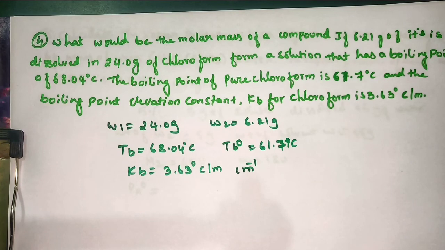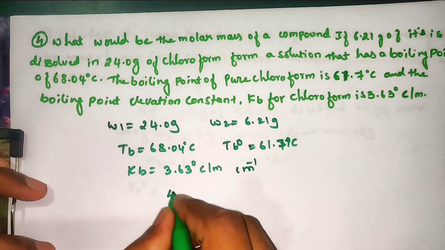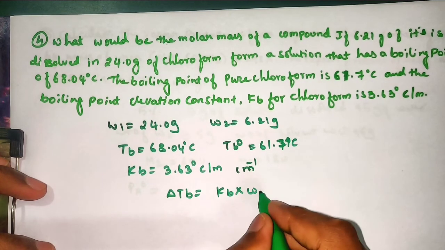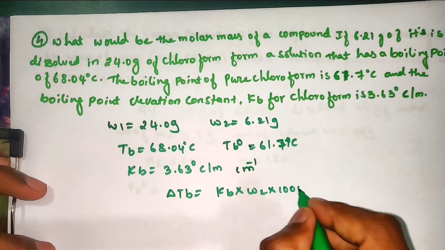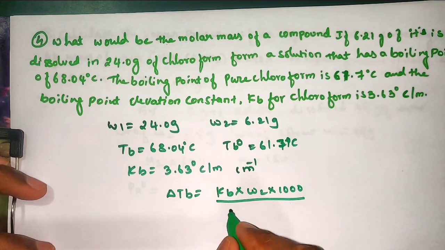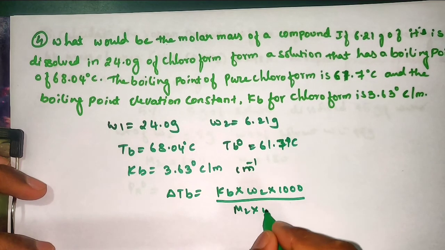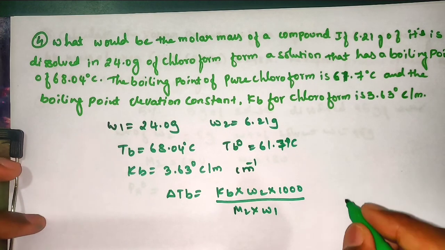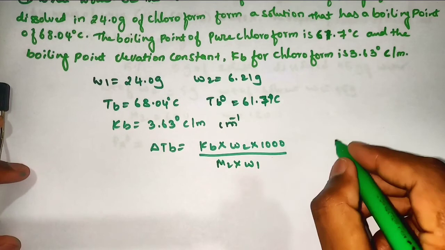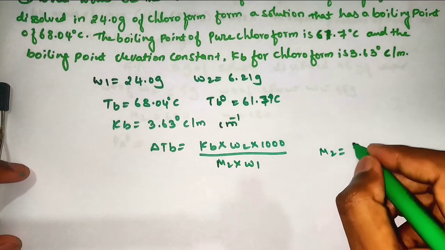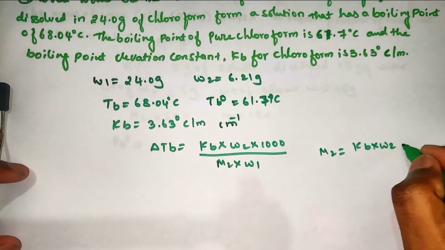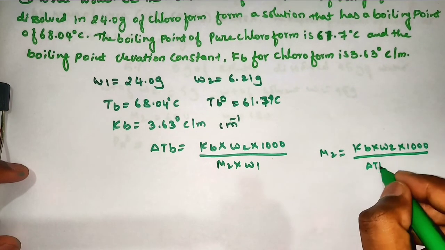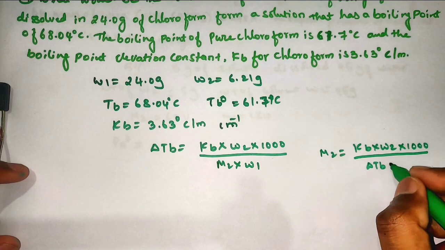Now we know the formula: delta Tb is equal to Kb into W2 into 1000 upon M2 into W1. But we need to calculate M2. So we can write this formula as M2 is equal to Kb into W2 into 1000 upon delta Tb into W1.